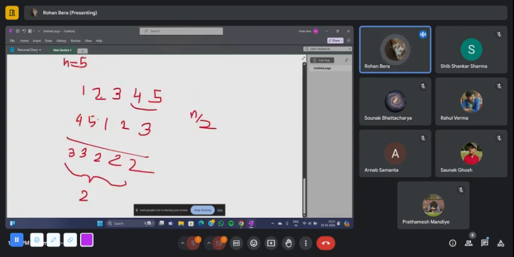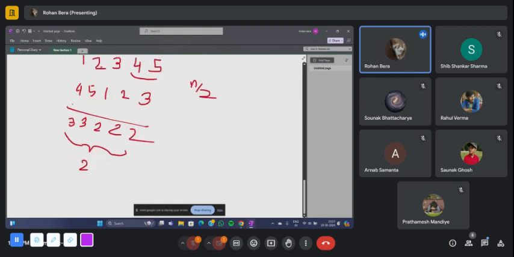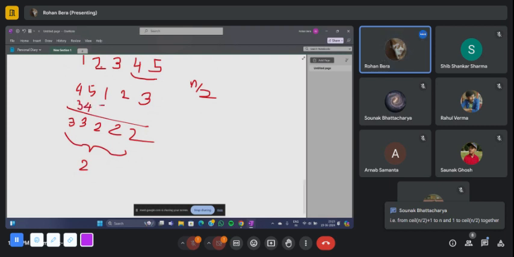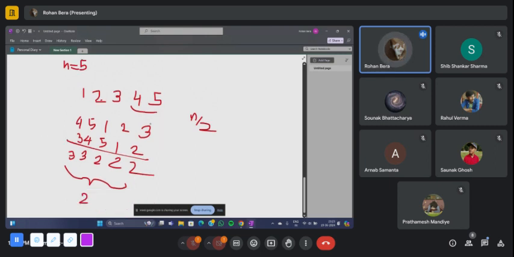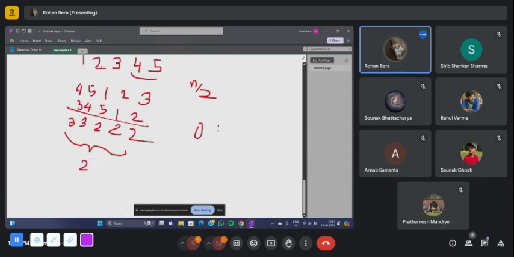Now if you try any other combinations, like 3, 4, then also you will get the answer as 2. But other than these two combinations, the answer will be either 0 or 1. So this is the maximum distance that is possible.